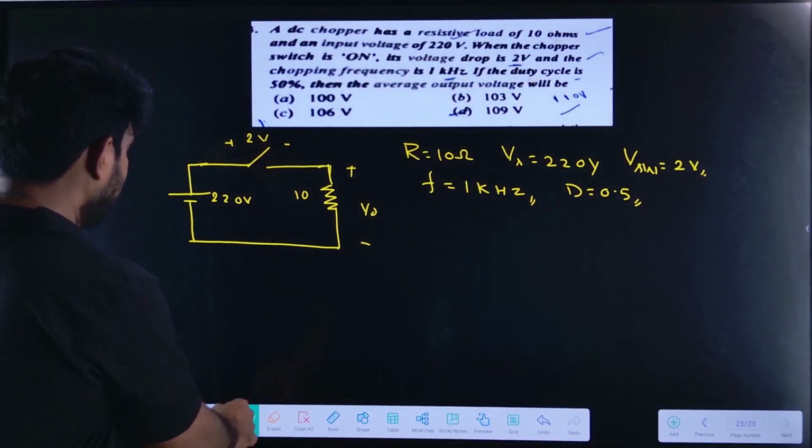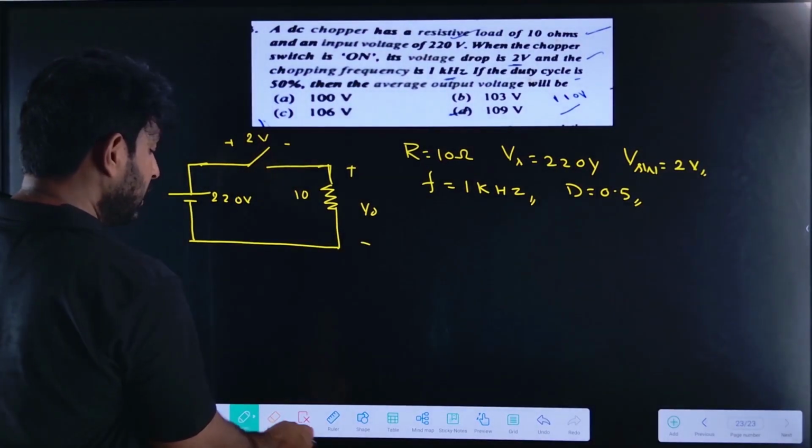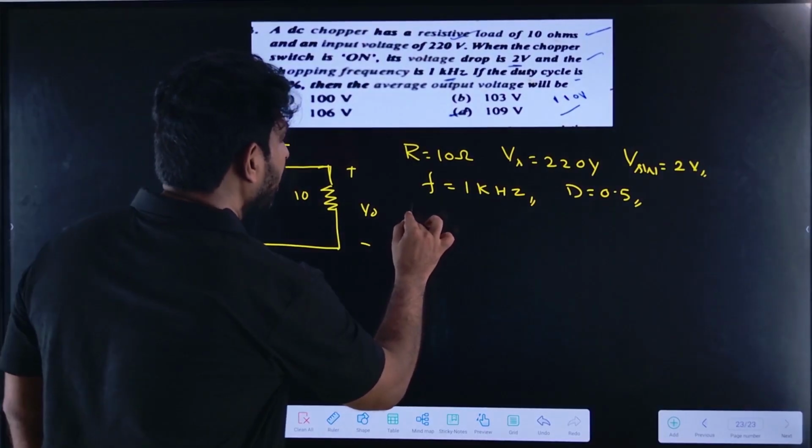Let us see. So let me draw the output voltage waveform.